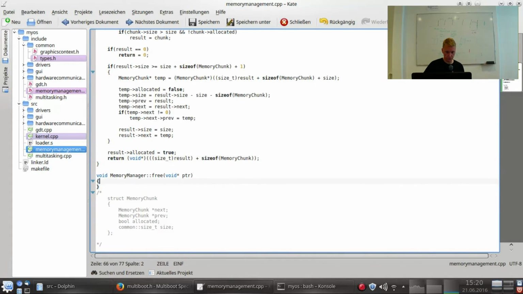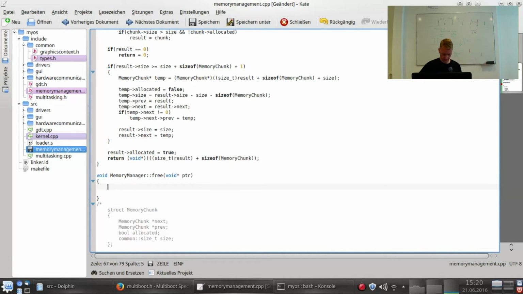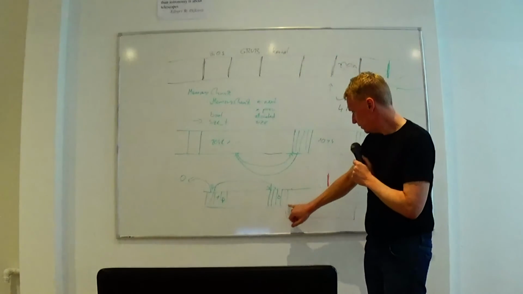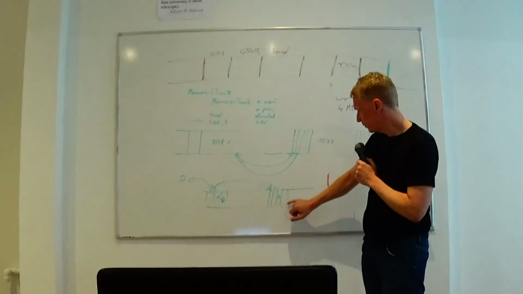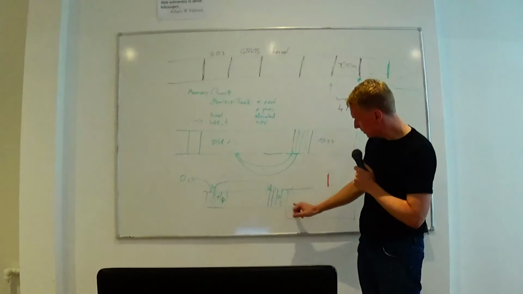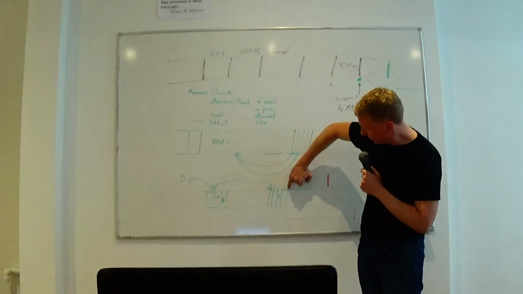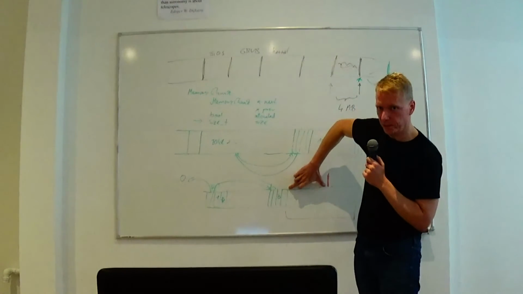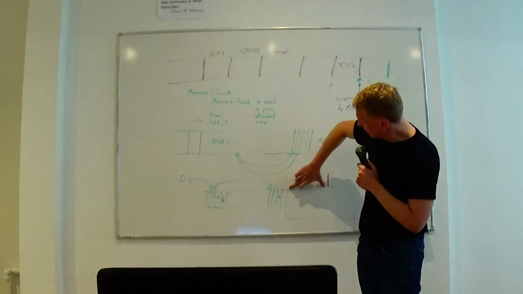Okay, so in the free, first, we have given the guy who requested the memory the pointer here to the beginning of the free region, and this is what we get back when he frees this region again.